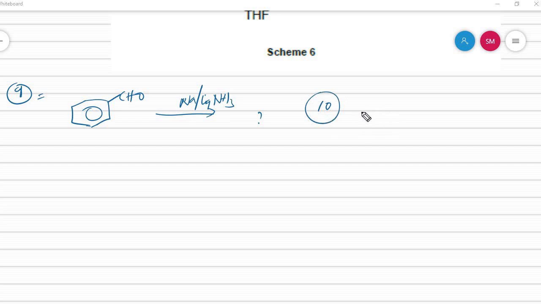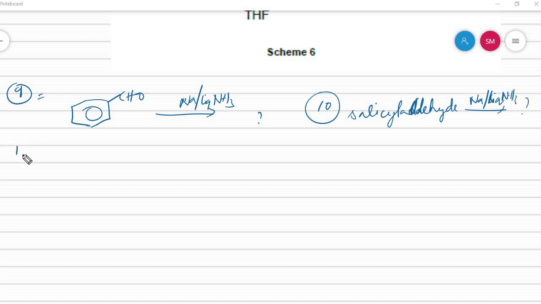And if it is salicylic anhydride with sodium in liquid ammonia, what could be the product?